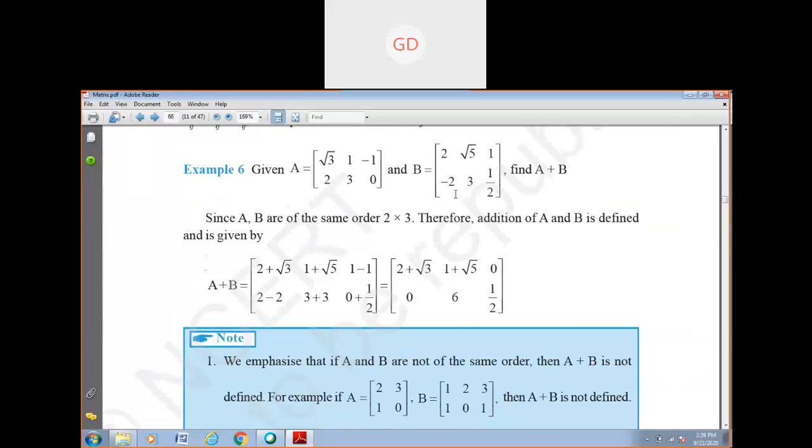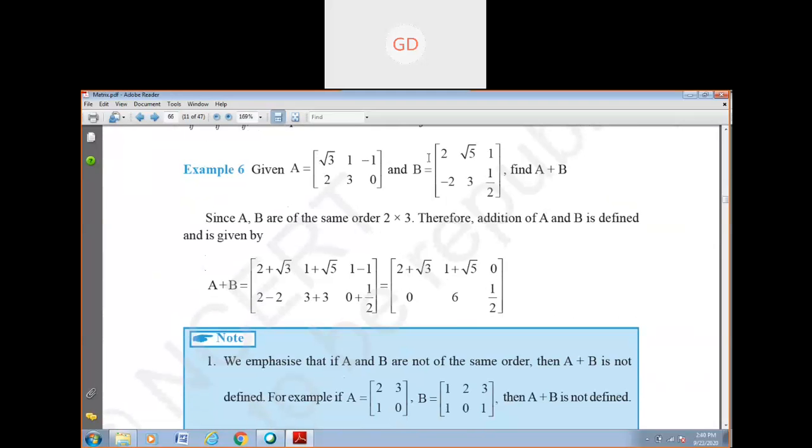B, another matrix. Two rows are there and three columns are there. So 2 by 3. That means the orders of A and B are the same. So to add these two matrices, the condition is sufficient. Just their orders are the same, so we can add them.